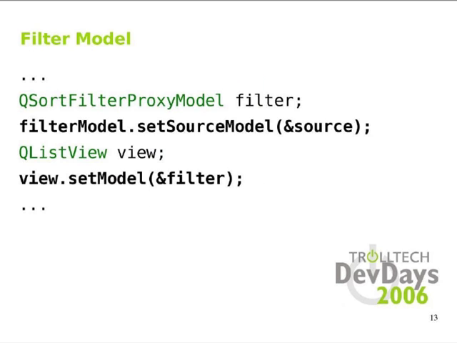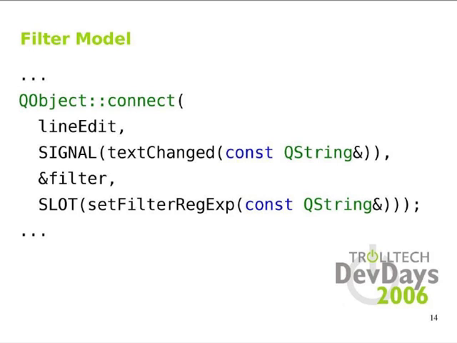This is essentially the main function in the demo. All I'm doing is instantiating a sort filter proxy model. I'm setting the source model on the filter model and creating a view that shows the filter model. So I'm chaining the source model, filter model, view. And then I connect the whole thing up.